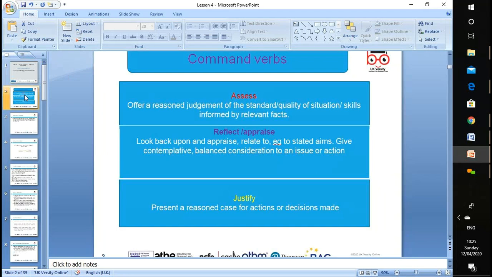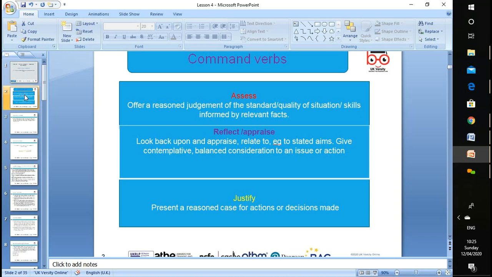I mentioned we have 3 command words used in the 3 assessment criteria: assess, offer a reason, and a judgment of the standard and the quality of a situation, informed by relevant facts. So when we address learning outcome 4, we need to assess, reflect and appraise.